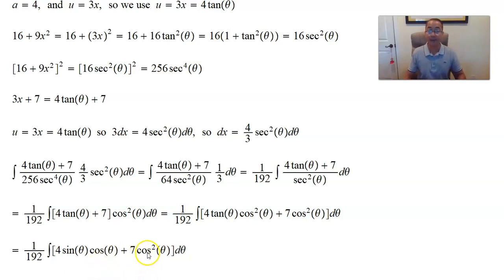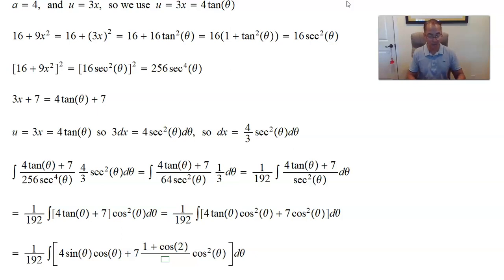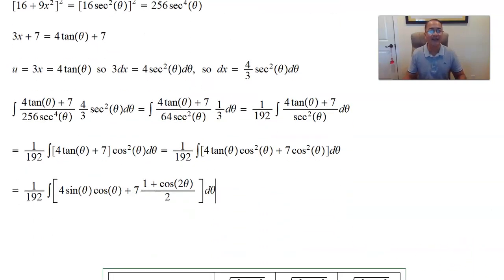Okay. You know what to do with cosine squared? You remember? Power reduction formula: cosine squared is (1 plus cosine 2 theta) over 2. What? I have to remember all of that? Yes. In a word, yes.